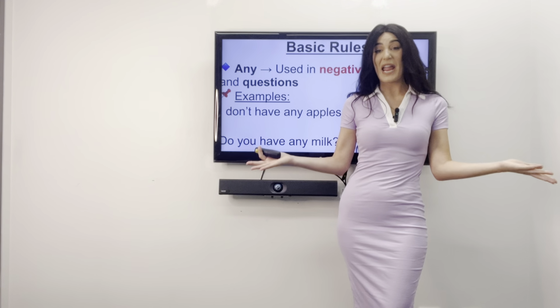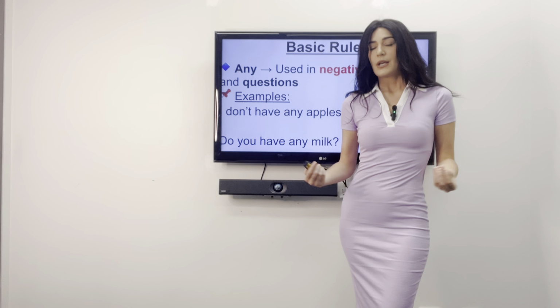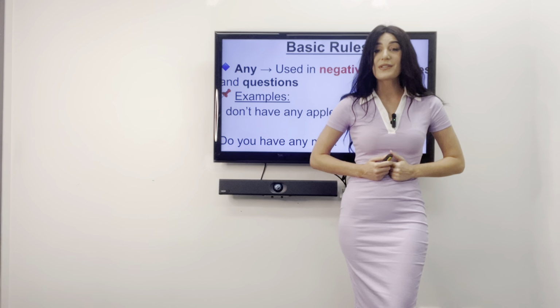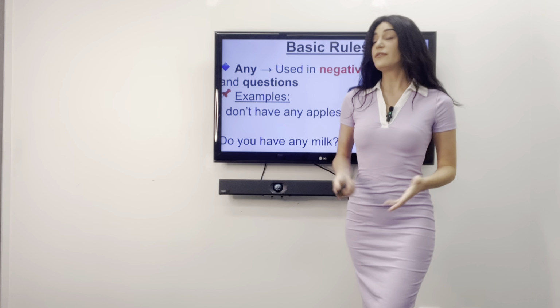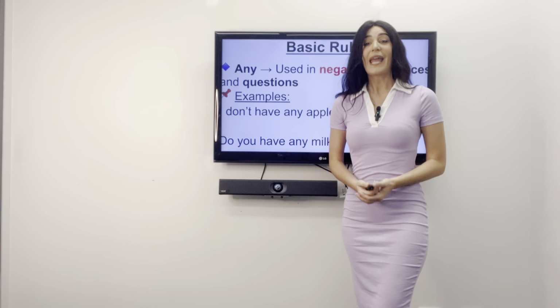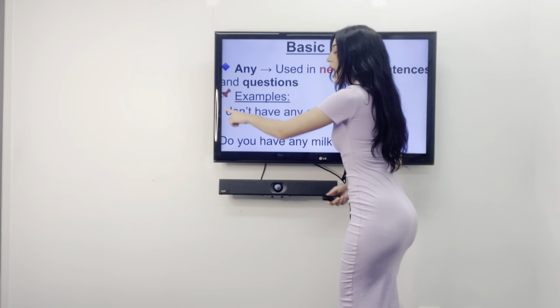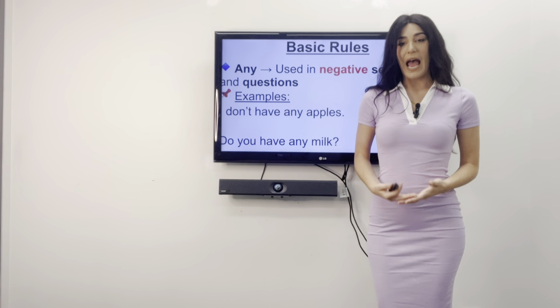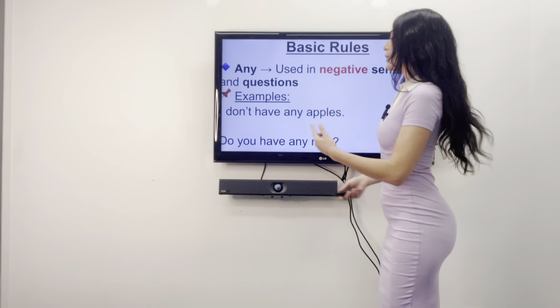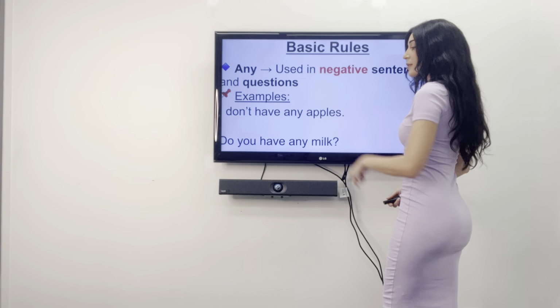You don't have any apples. Before we said, I have some apples. That's positive. Now, negative, I don't have any apples. And again, the I is cut off. I'm so sorry. I don't have any apples. Negative sentence. So we used any.